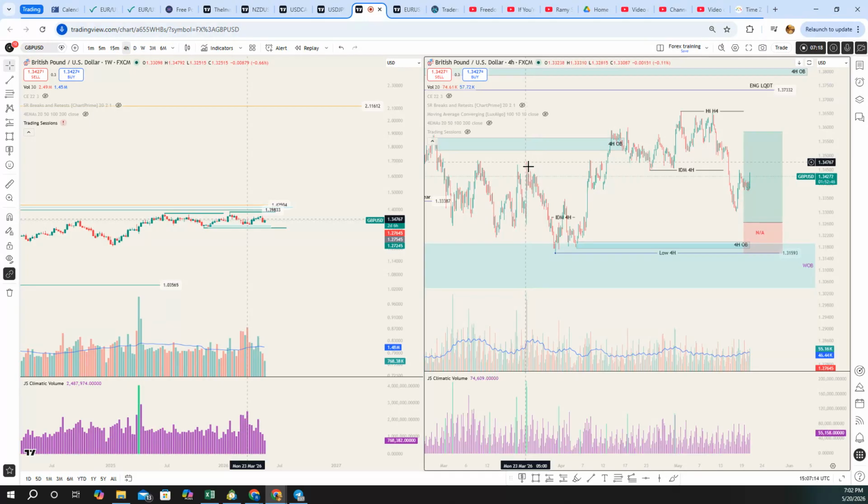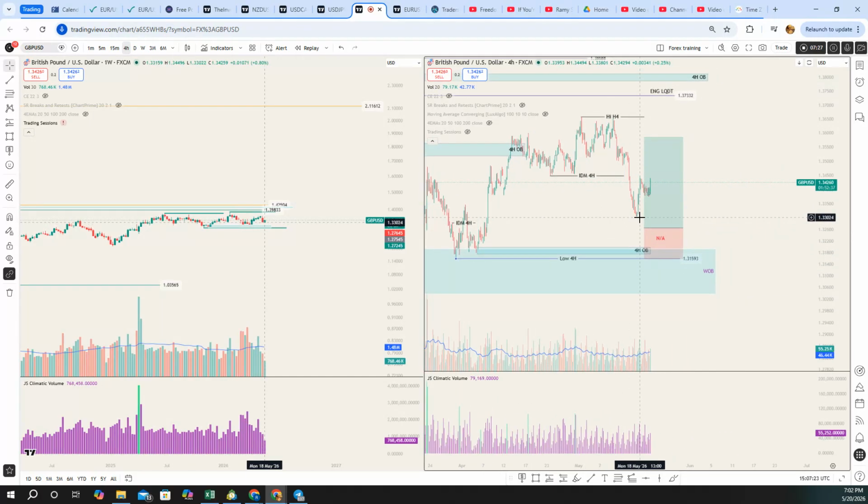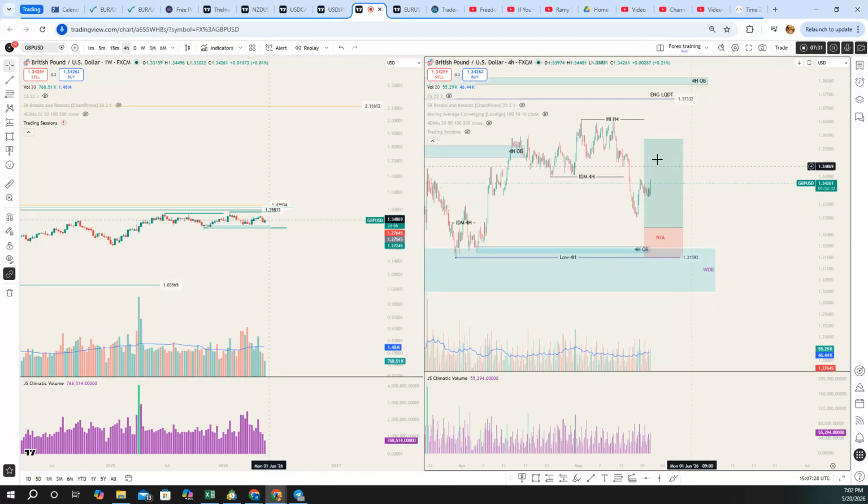So I didn't take this into consideration, and I took into consideration this order block here at the right end of the range.